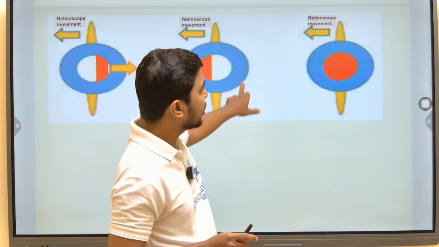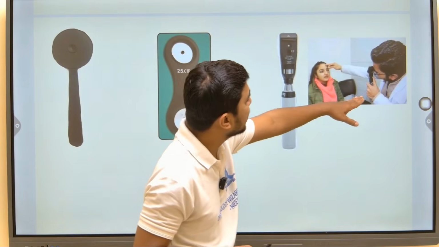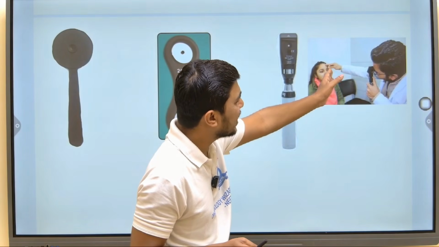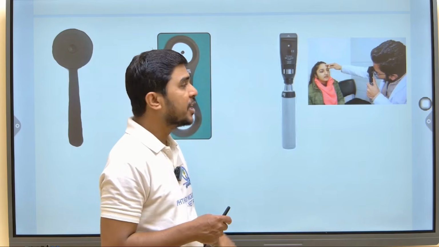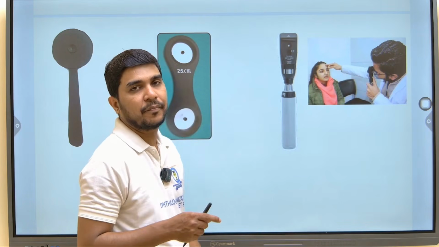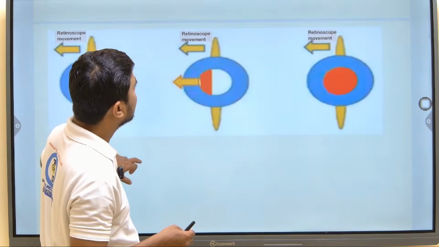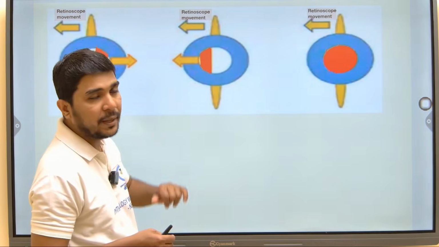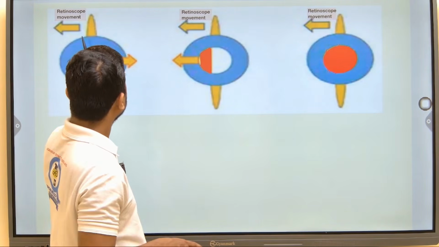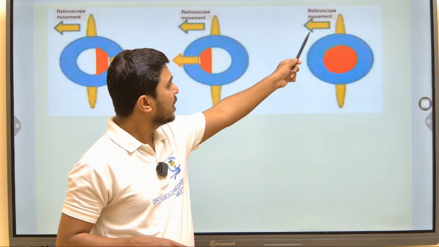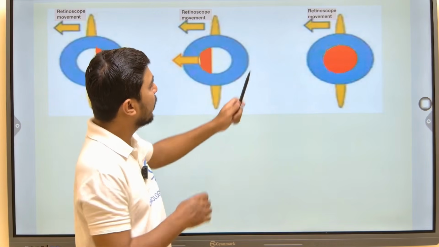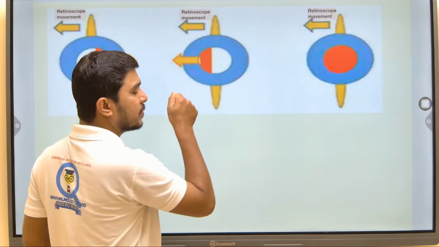Now, if this person is doing retinoscopy, then what is he seeing in the eye? He is seeing this type of picture. This yellow one indicates the retinoscope movement. He is moving his retinoscope like this.